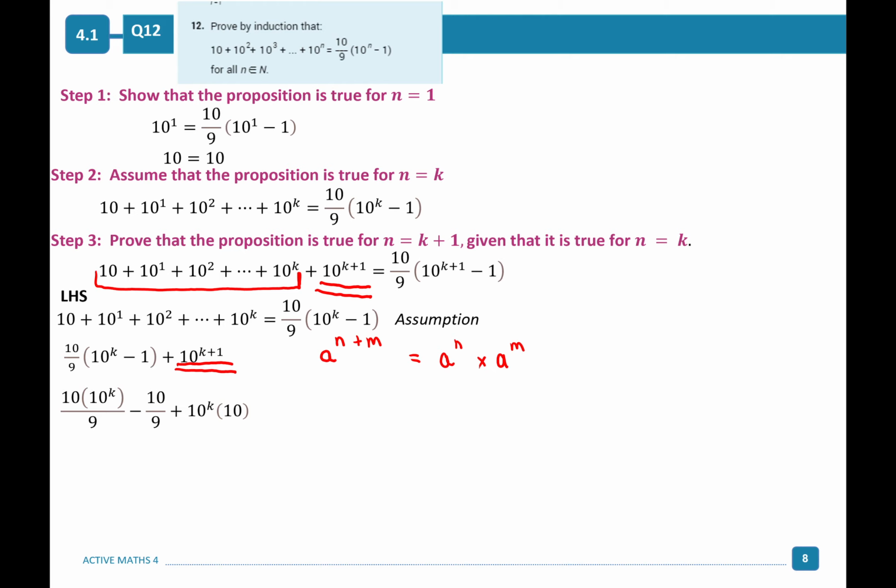So when you have two exponents added together, it is the same as multiplying these two values with the same base, which means that 10 to the power of k plus 1 is the same as 10 to the power of k times 10 to the power of 1, which is 10 to the power of k times 10.